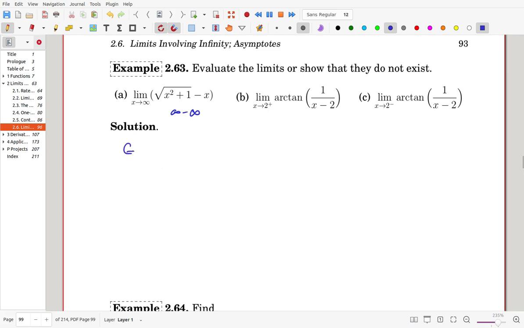So the given term is the same limit as x approaches infinity. Now we multiply by its conjugate.